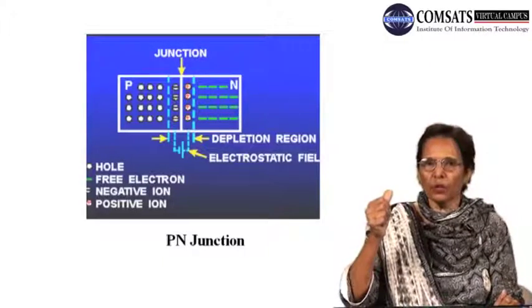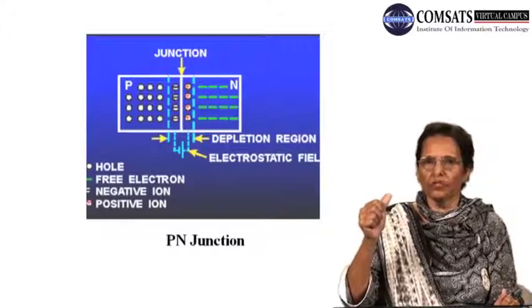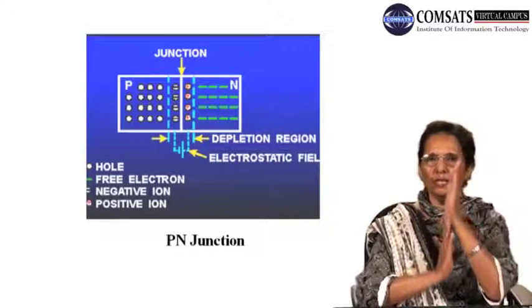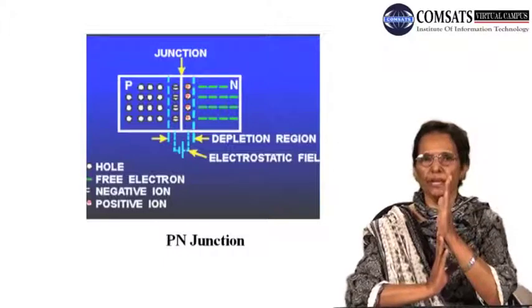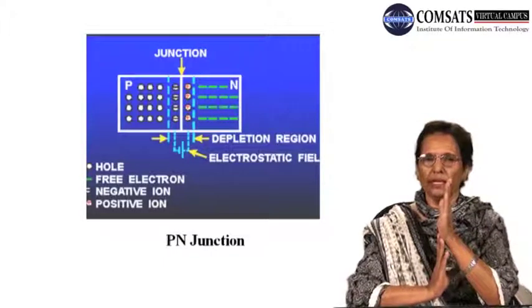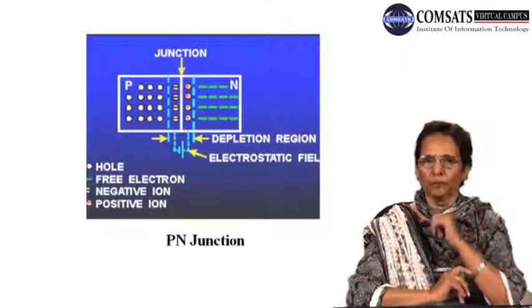So we have a so-called depletion layer or space charge region just across the interface where the P and N-type material are joined in a PN junction or a diode.